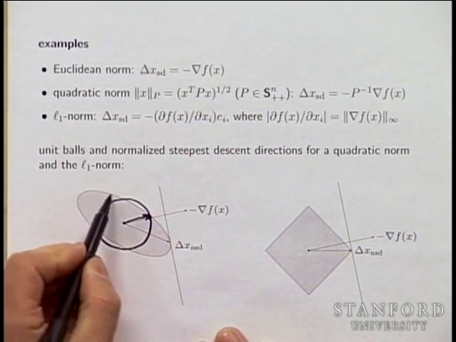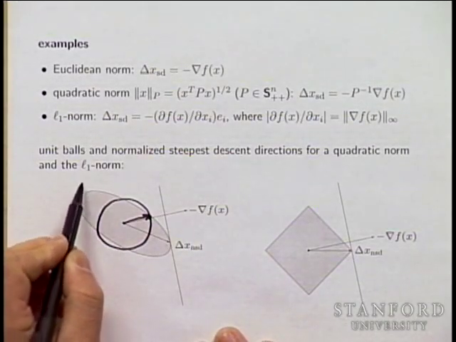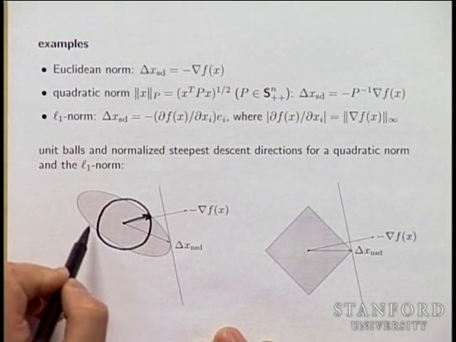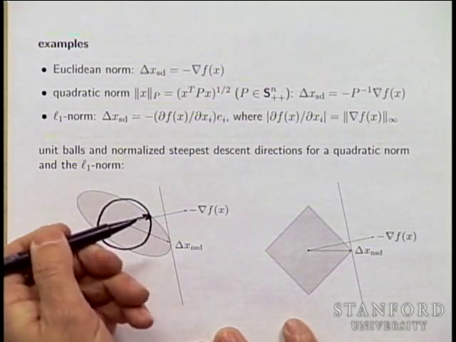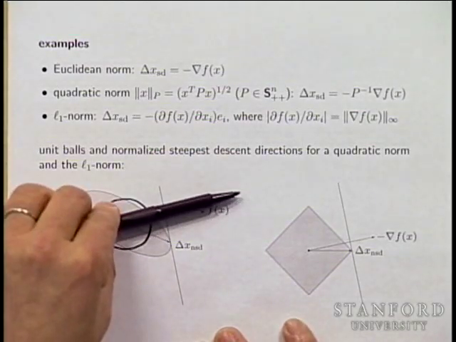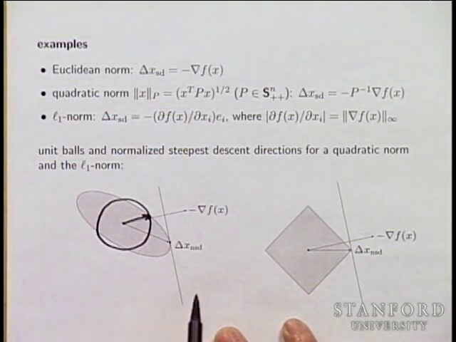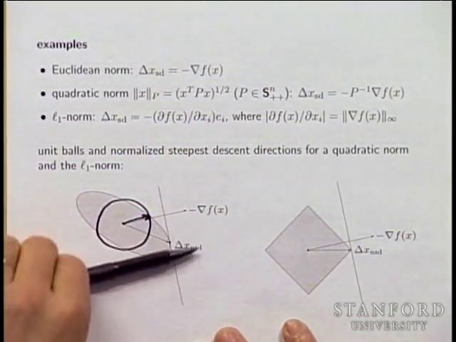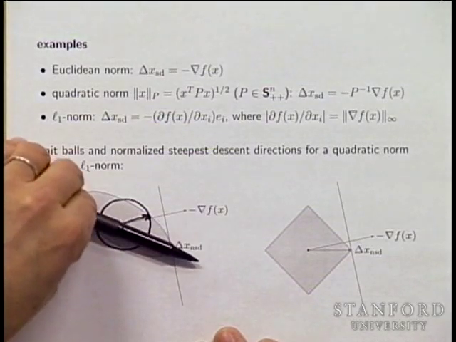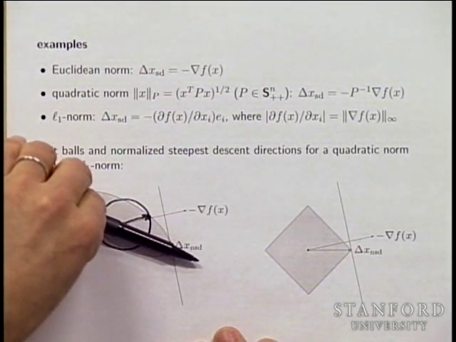But now suppose that you measure your displacement using this quadratic norm. This is the ball, and it says go as far as you can in this direction in this ball. What happens is that it's been rotated over to this direction. It's been skewed over here.